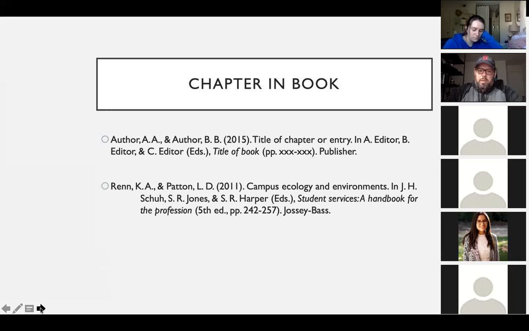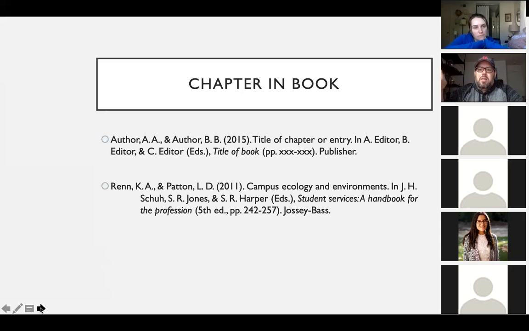For a chapter in a book, it's very similar to what we've just talked about in terms of the book. But if you're specifically taking a chapter in a book, the title of the chapter or the entry needs to be non-italicized. And again, only the first word of the title or proper nouns need to be capitalized. Everything else is lowercase. Then that is followed by listing out the editors of the actual book.